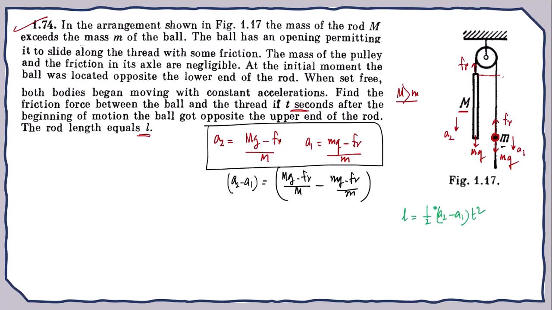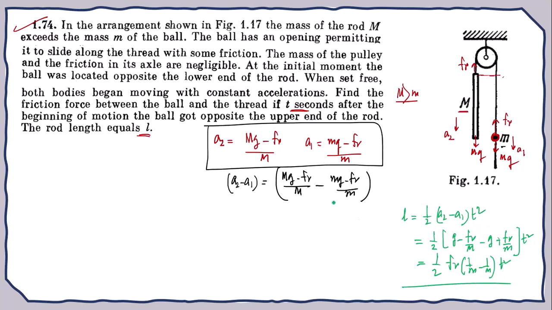Now, in this question you are asked to calculate the value of the friction force. For that, I have to simplify this number. So L equals half into [(g minus fr by capital M) minus (g minus fr by small m)] into t square. Ultimately g cancels out, so we are left with half into fr times (1 by small m minus 1 by capital M) into t square.